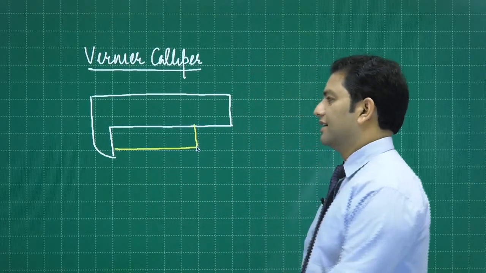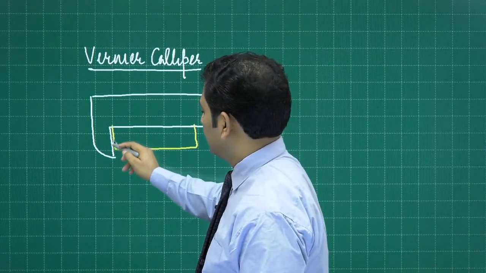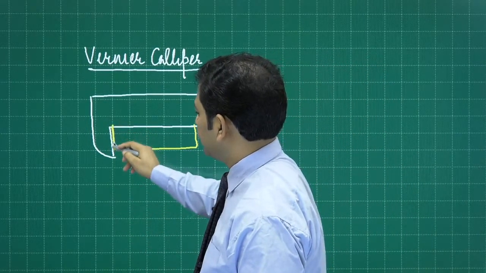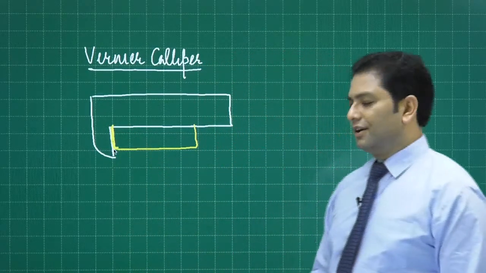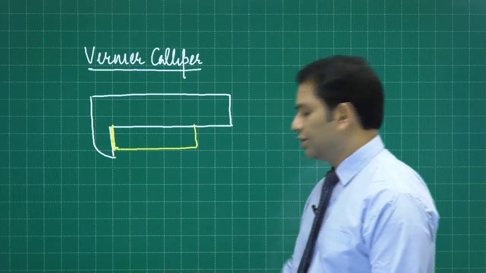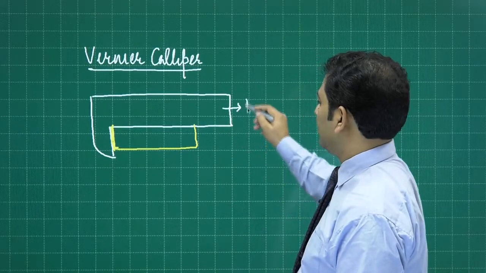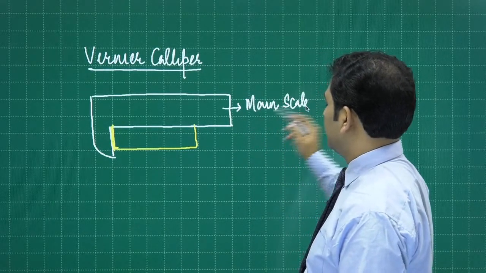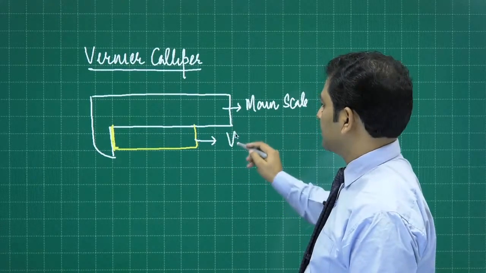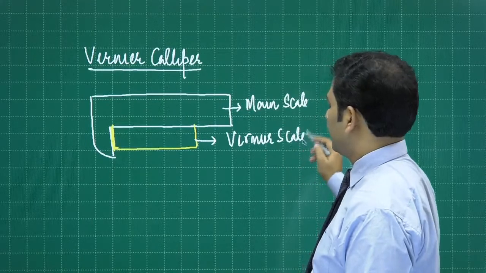Okay, now see here. This is a typical vernier caliper. Now just understand, it's quite an easy thing and it's important as well, remember. Now in case of vernier caliper, you have two scales. One is called the main scale and the other is called the vernier scale.